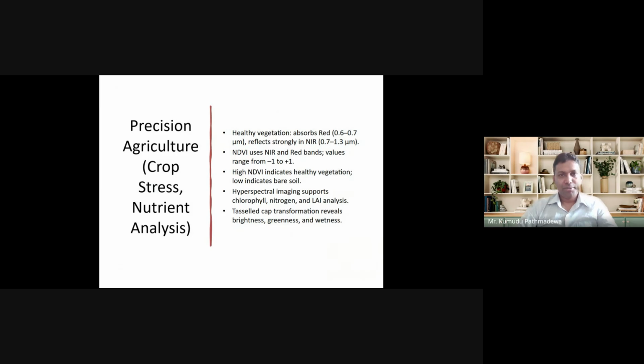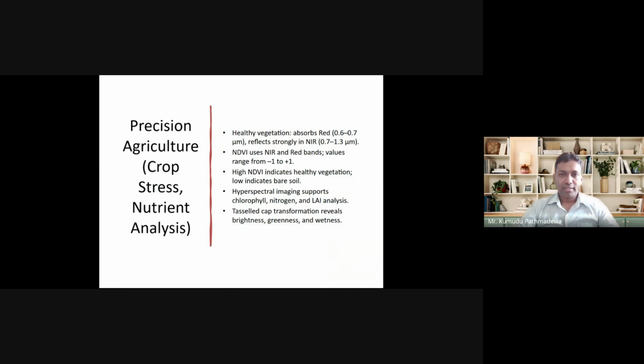Here in hyperspectral, there are hundreds of bands. So you can get a spectral signature of a particular place. So you can clearly get this information compared to NDVI by using hyperspectral images.